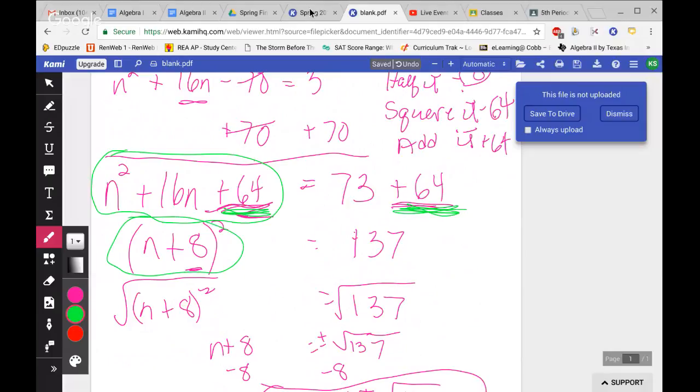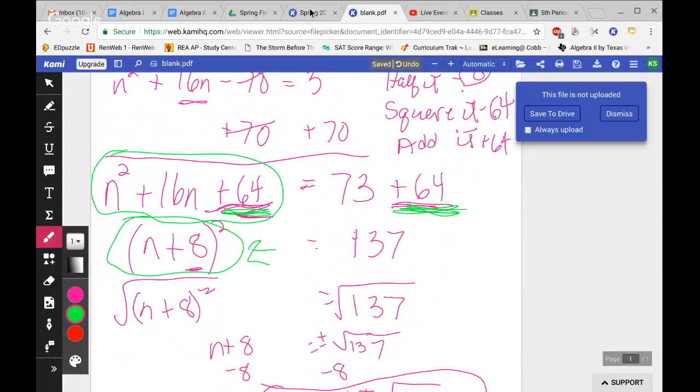That is this squared. So when you're completing the square, you're creating the square. Whenever you half that b term, that's going to make this n plus 8 squared. Is that making any sense to you?